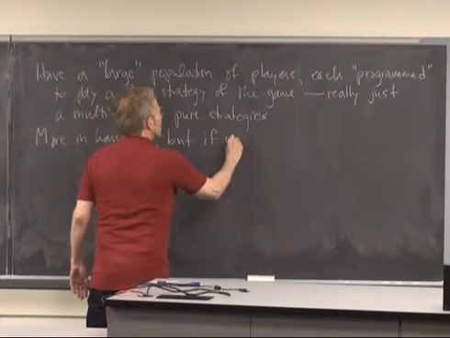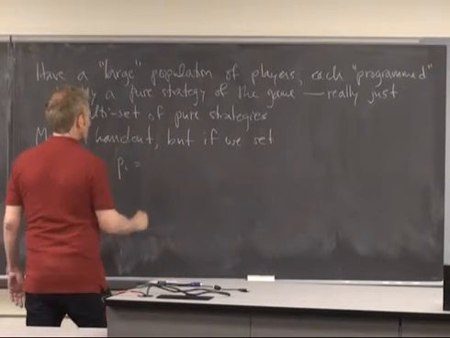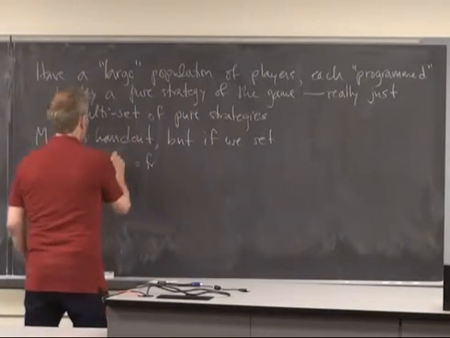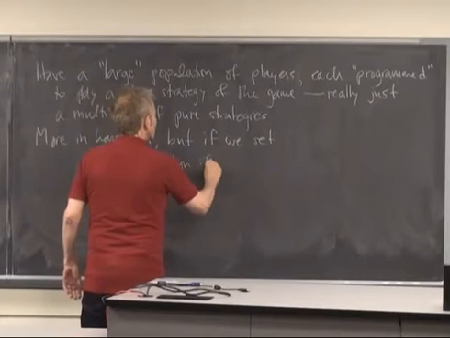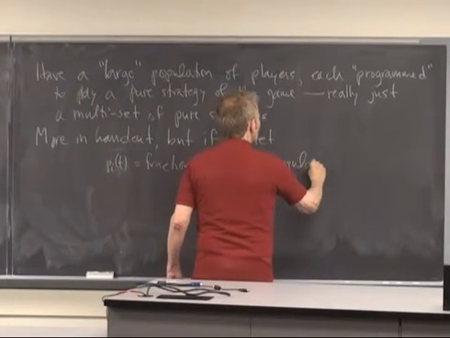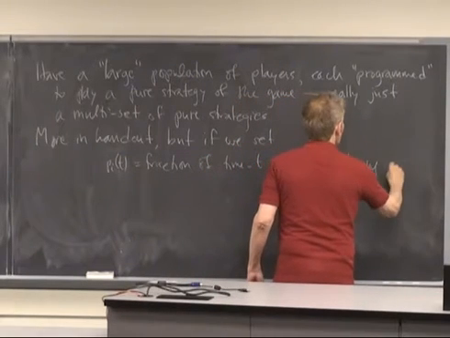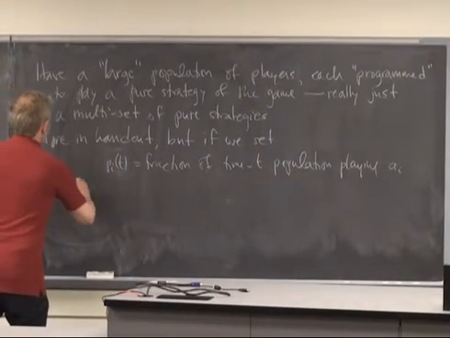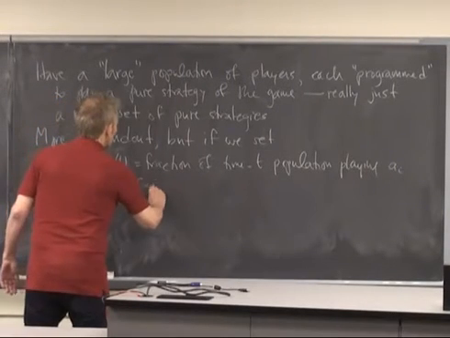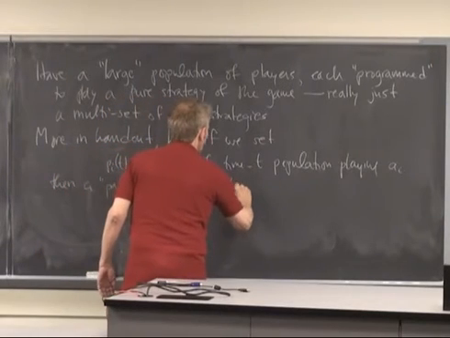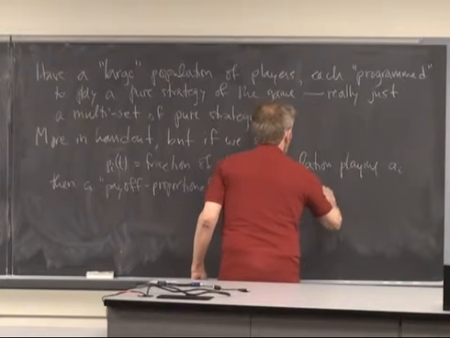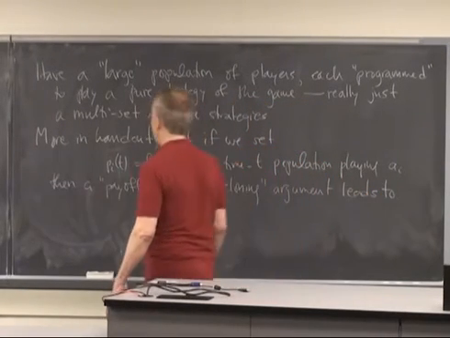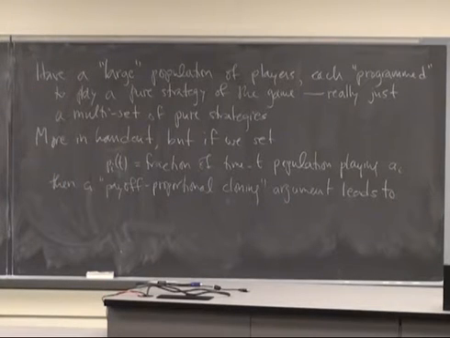If we let p sub i of t be the fraction of the time t population programmed to play a sub i, for all the i's, 1 through n, then a sort of quote-unquote payoff proportional cloning argument leads to the following difference equation governing how the population fractions of the various actions, various pure strategies, at time t plus 1 emerge from those at time t.